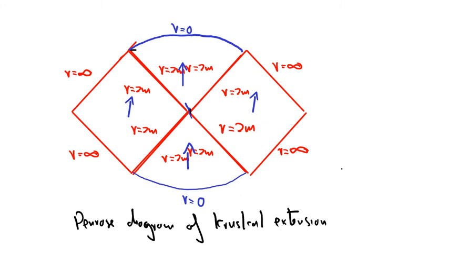Kruskal extension is the so-called maximal extension of Schwarzschild, and it was obtained explicitly by Kruskal by constructing explicit coordinates which cover a space-time which represents this complete region.